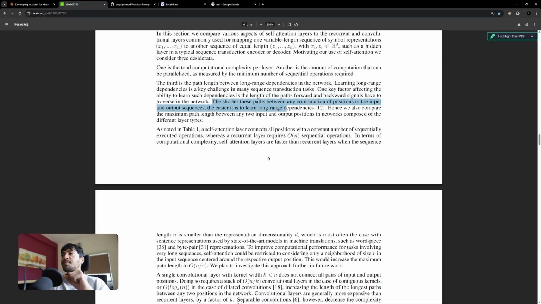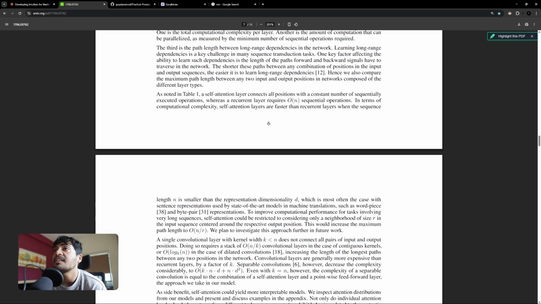The shorter these paths between any combination of positions in the input and output sequences, the easier it is to learn long range dependencies. Hence, we also compare the maximum path length between any two input and output positions in networks composed of the different layer types. In terms of computational complexity, self-attention layers are faster when sequence length n is smaller than representation dimensionality d.